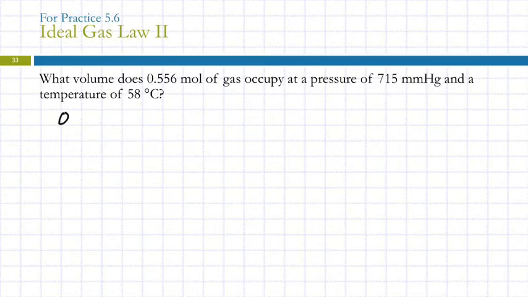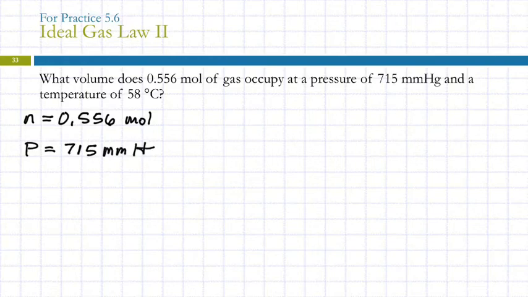So I'm still writing down the numbers, always collecting the numbers, and then figuring out what to do with them. So I have 0.556 moles of gas. In PV equals nRT, that's n. And I'm told that the pressure, P, equals 715 millimeters of mercury.